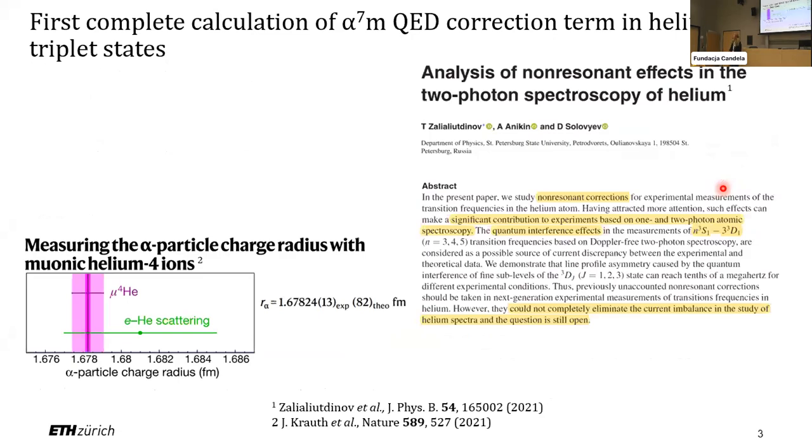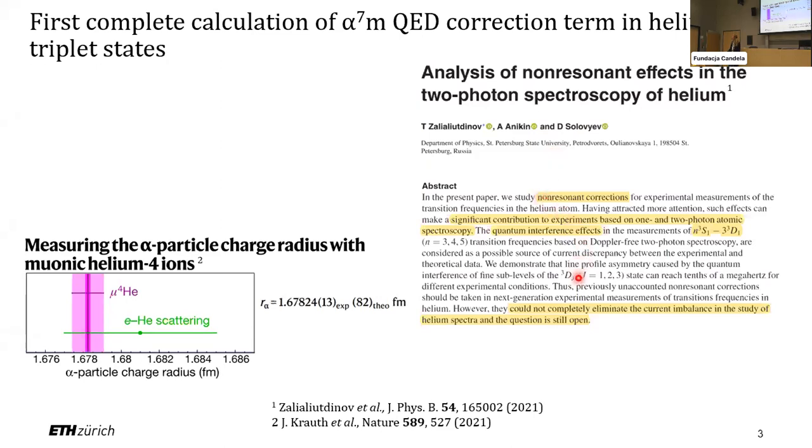There was a first attempt to resolve these discrepancies in an article from Zalialiutdinov and co-workers, where they looked at non-resonant corrections, which might be responsible for problems on the experimental side, where a quantum interference effect might shift the transition frequencies.